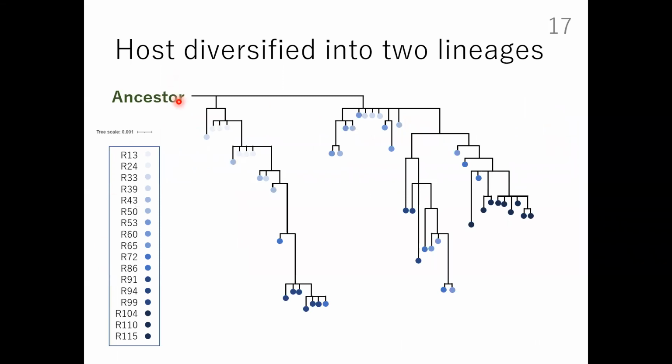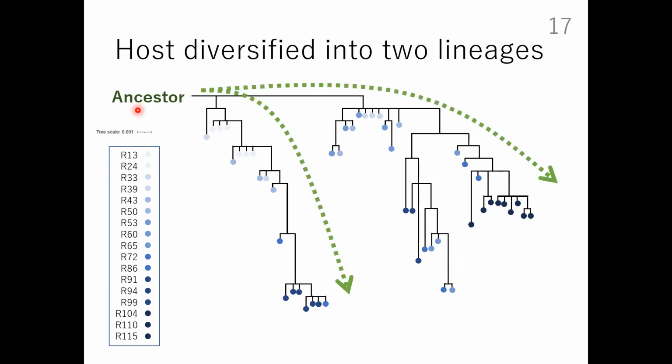So this is the ancestor, and the color of the dot represents the stage of the evolutionary experiment. The light color means the early stage, and the deep color means the later stage. And you see that there are two large branches, and the evolution proceeds in 2 ways. So this shows that the host diversified into 2 lineages, probably due to the coevolution with the parasite.